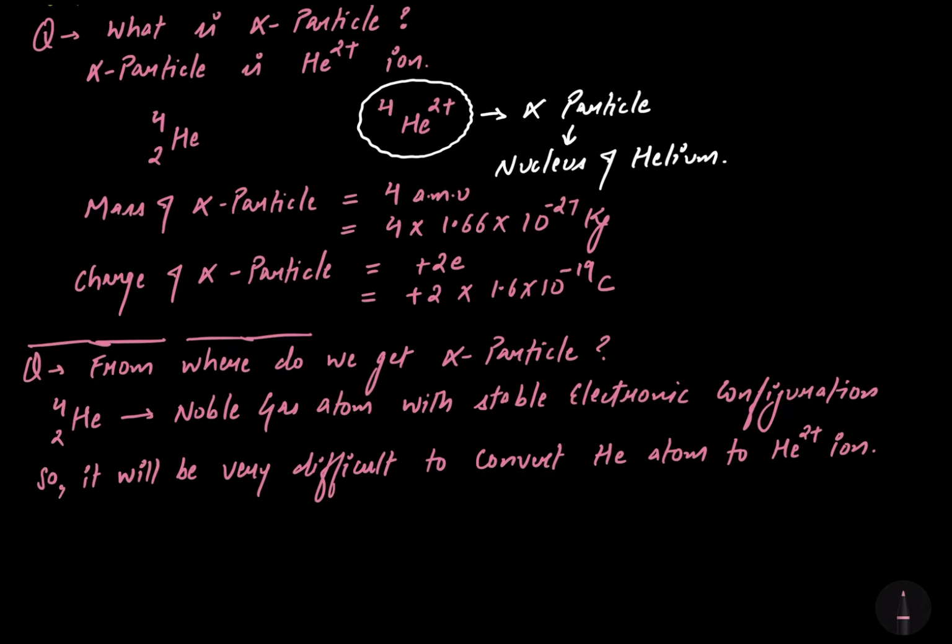So from where do we get the alpha particle then? We will obtain it by radioactive decay of some radioactive element.